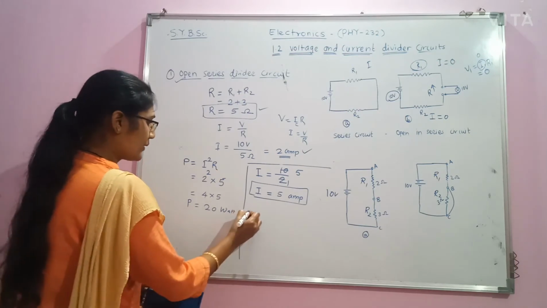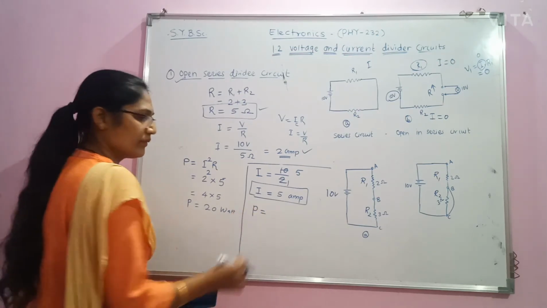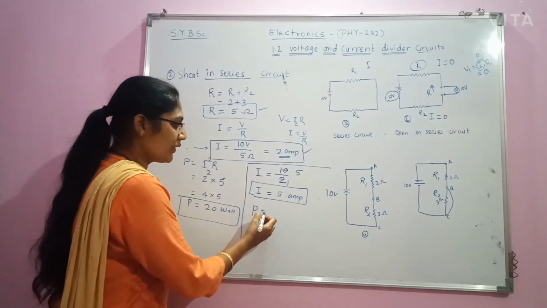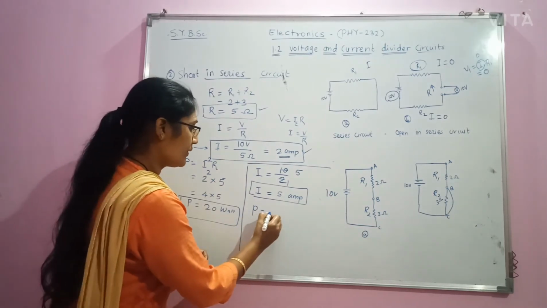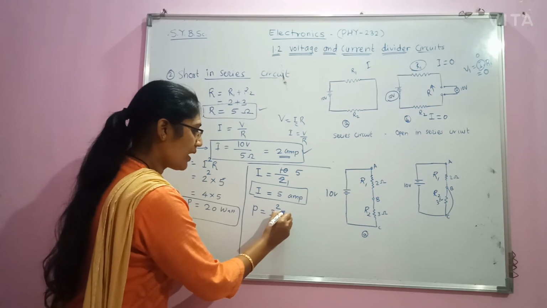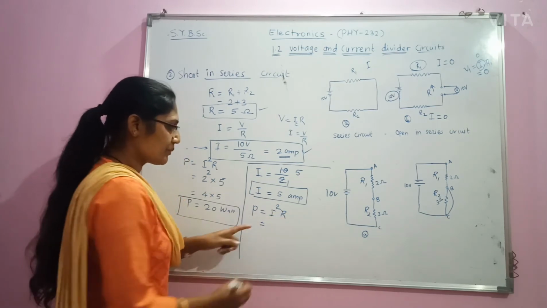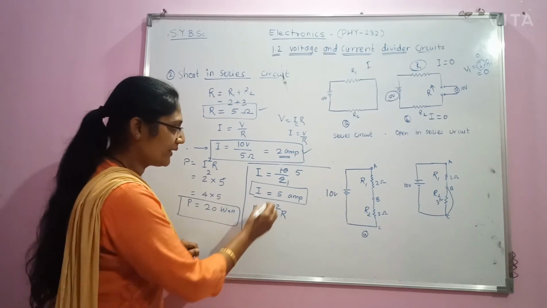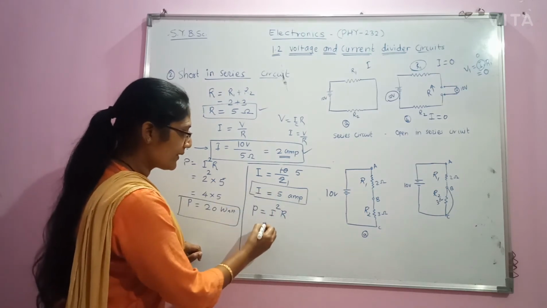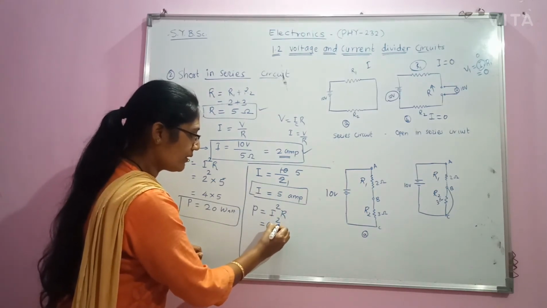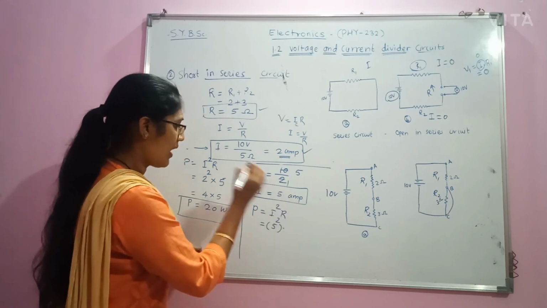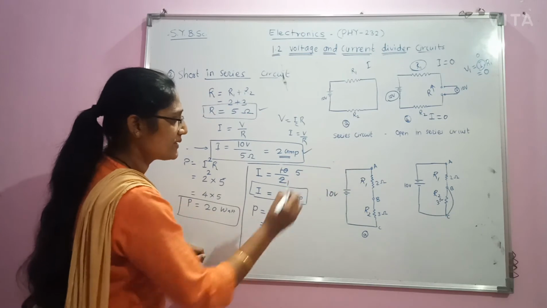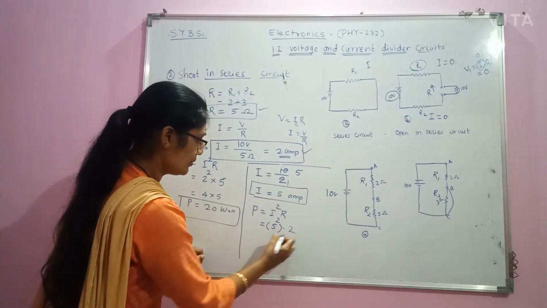Now we will calculate the value of power. How to calculate the power? Power is nothing but I square R. So substituting the value of I that we have calculated in case of short circuit, that is 5 square into the value of R. The total resistance now is 2.